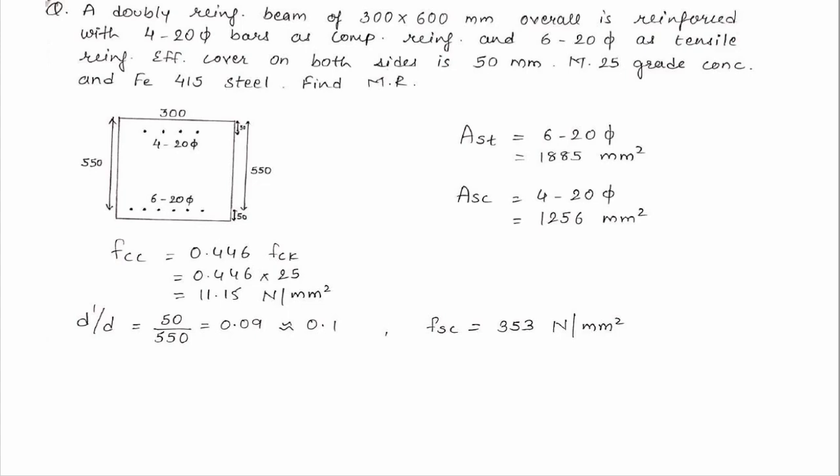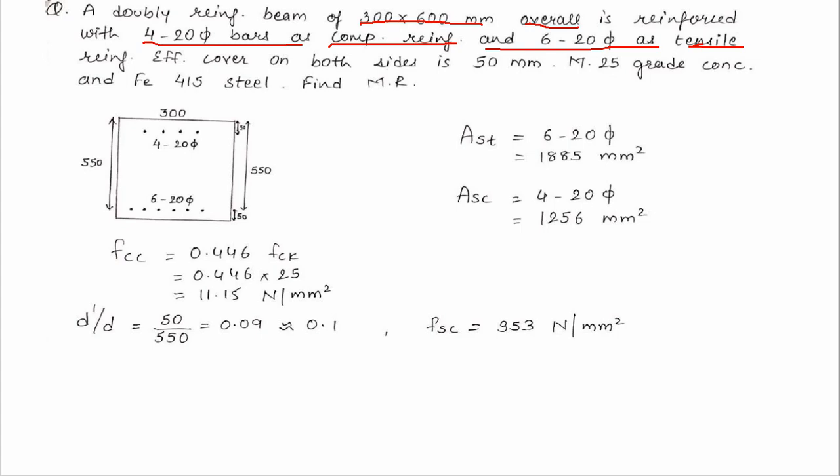The question is: a doubly reinforced beam of 300 cross 600 mm overall is mentioned, that means capital D is given, is reinforced with 4 numbers of 20 mm bars as compression reinforcement, that means ASC, area of steel in compression, and 6 numbers of 20 mm diameter as tensile reinforcement, that means AST.